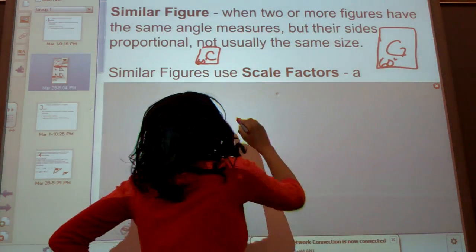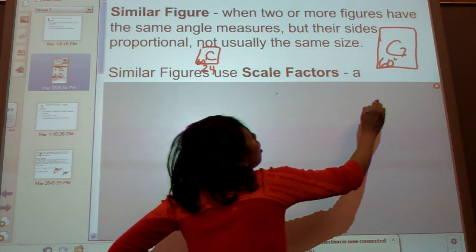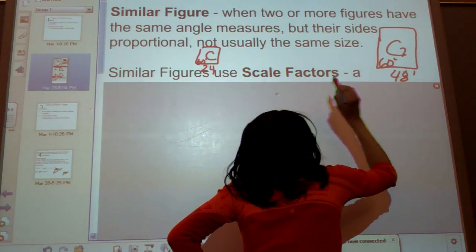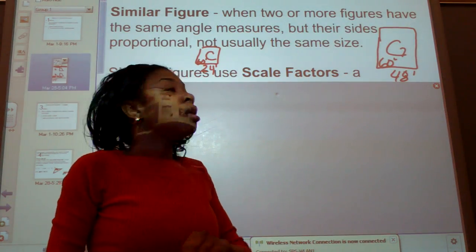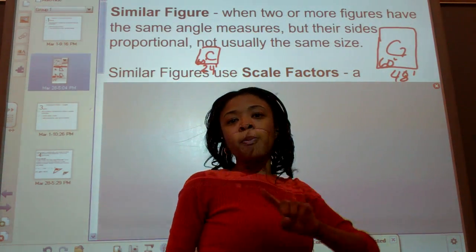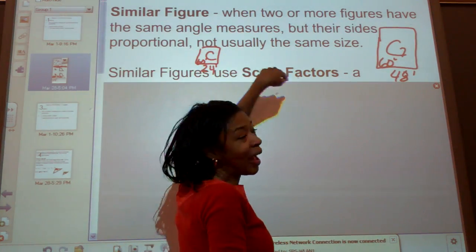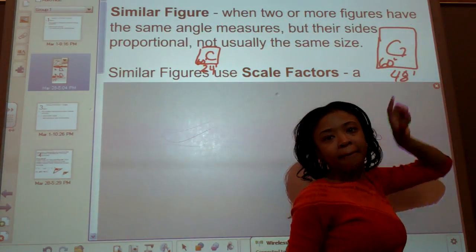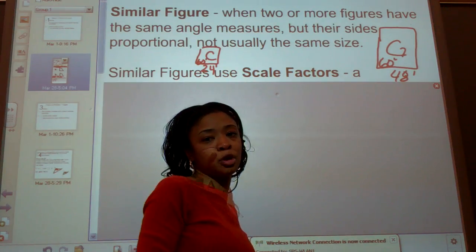It doesn't matter that this is 24 to 48 in feet. The side lengths are proportional, but the interior angles must exactly match one another on similar figures.